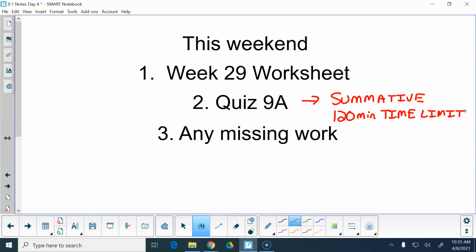Okay? So you get one chance at doing it. There's like 2 questions, I think, of finding the vertex, 2 questions of finding the focus, 2 questions of finding the directrix, 2 questions of finding the width and the p-value, and then 2 finding equation questions. Okay? So you got that going on.